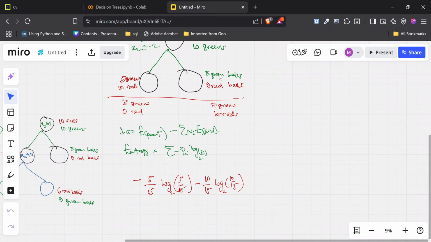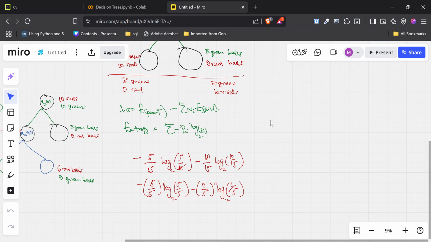So let's do the second one. That second one is going to be negative 5 over 5, which is going to be 1, log 5 over 5, minus negative 0 over 5, which you already know is going to be 0, log 0 over 5, base 2.